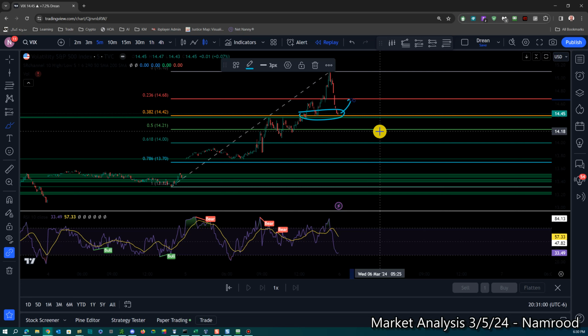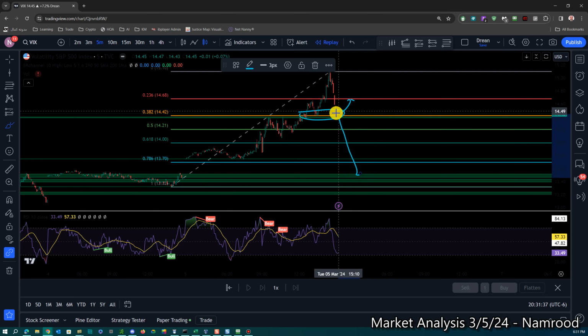So this is giving me a little bit more light on where we can go tomorrow. So tomorrow, at least in the beginning of the session, this is another indicator that we might go a little bit down, unless something happened in the aftermarket, which forces the VIX to go through all these levels. So what do we want? If we are bullish, we want the VIX to go down.